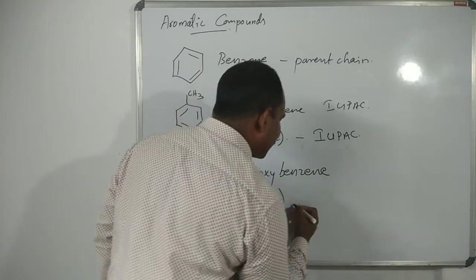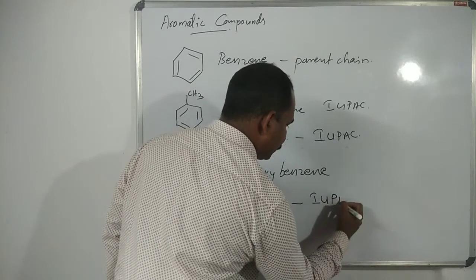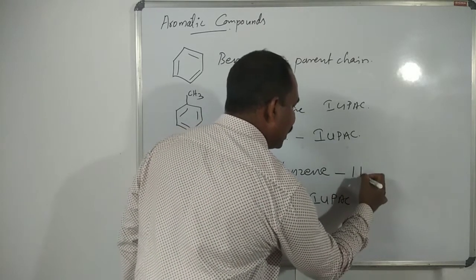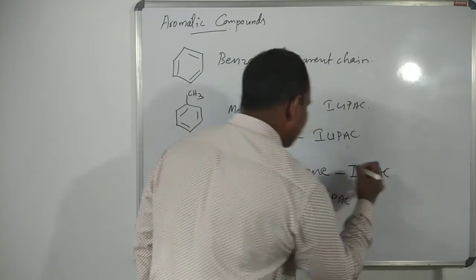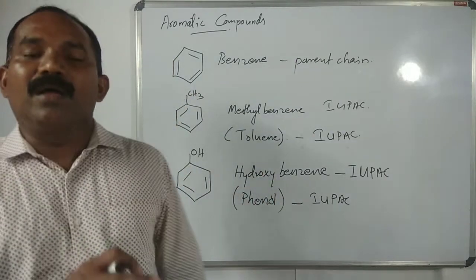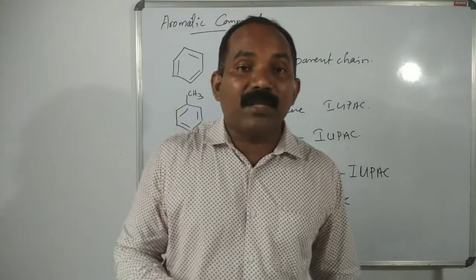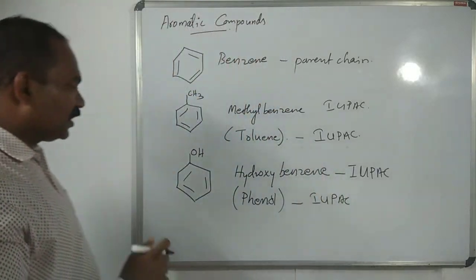This is accepted by the IUPAC organization. The IUPAC name of phenol is hydroxybenzene. You remember that the name phenol is accepted by the IUPAC organization.